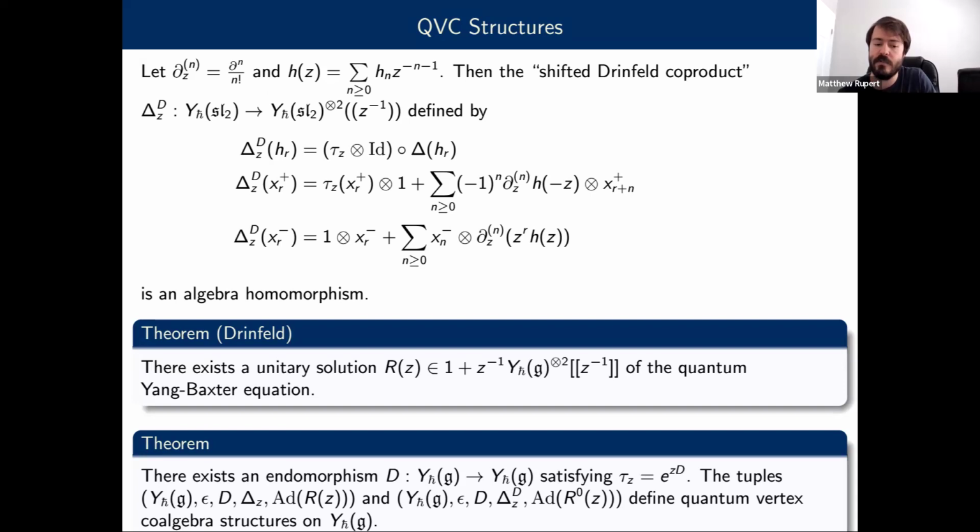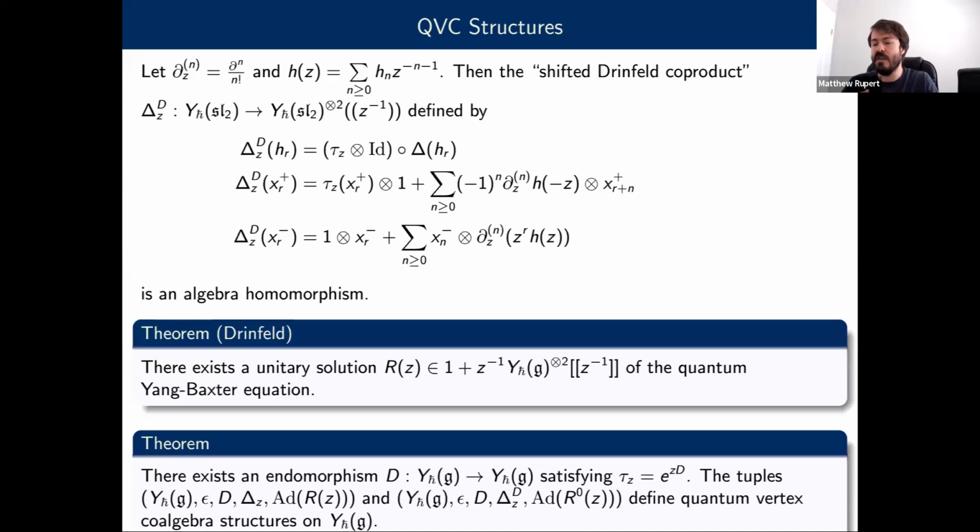There is a constructive proof of the existence of this thing now, but it's highly non-trivial. We can use this to endow the Yangian with the structure of a quantum vertex coalgebra. First of all, there exists an endomorphism on the Yangian, which you can think about as something like the logarithm of the shift homomorphism.